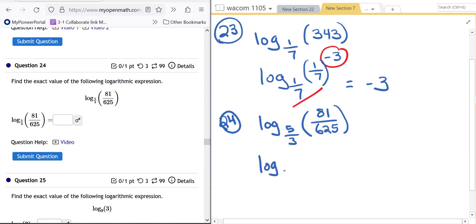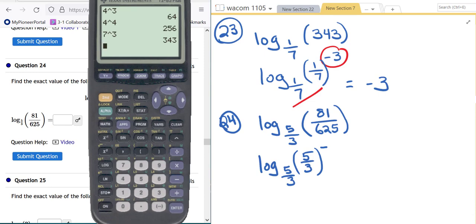So we'll do log base 5/3, and we'll start with 5/3 here because that's what we want, and we want to make this work back. We know we want it to flip, so it's going to be negative. You can get your calculator. I believe it is 5 to the 4th. If we try 5 to the 4th, 625, and so the 3 would also have to be to the 4th. 3 to the 4th, 81.